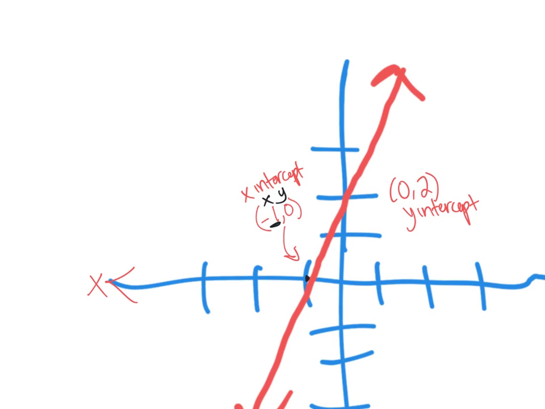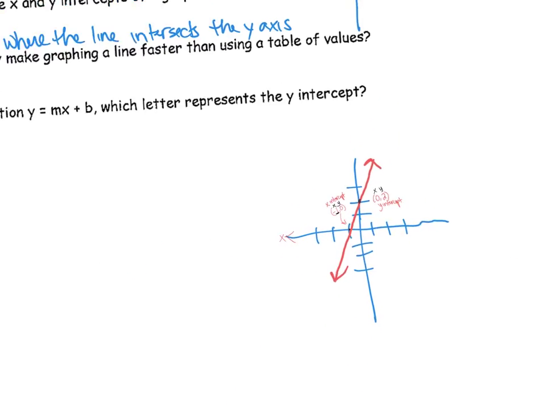The y I didn't move up or down. Over here, xy, the y has the 2 next to it, because on the y-axis it hits at 2. The x has nothing because I didn't go left or right. We clear? X-intercept, y-intercept. Okay, because that's a big deal, knowing the difference between the two.